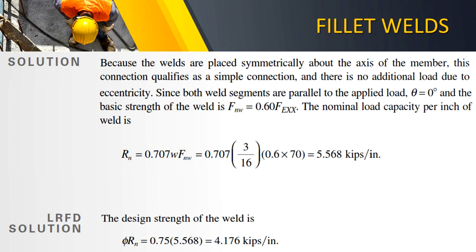The nominal load capacity per inch of weld is, by the formula Rn, and by substituting the value, we get 5.568 kips per inch. For the LRFD solution, the design strength of the weld is phi Rn equals 0.75 times 5.568. We get 4.176 kips per inch.